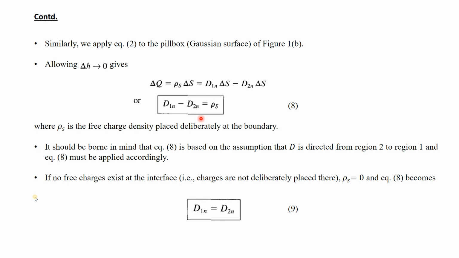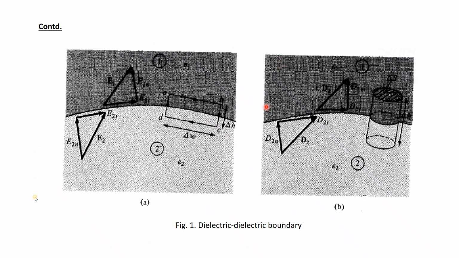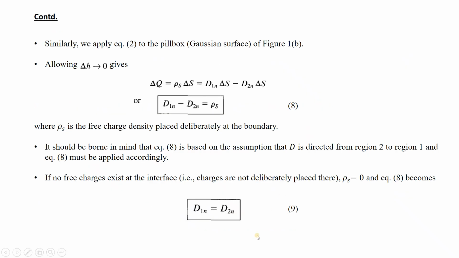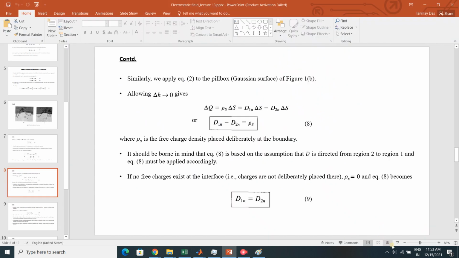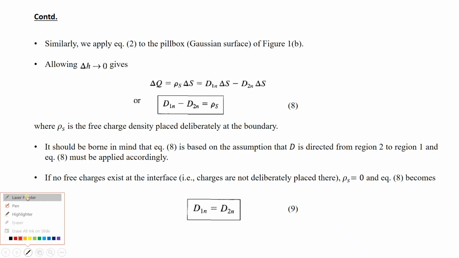Now it should be borne in mind that equation number 8 is based on the assumption that D is directed from region 2 to region 1, and equation number 8 must be applied accordingly. If no free charges exist at the interface, suppose at the boundary there is no charge, then rho s will be 0.